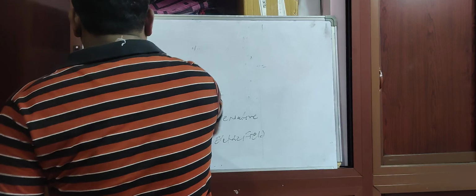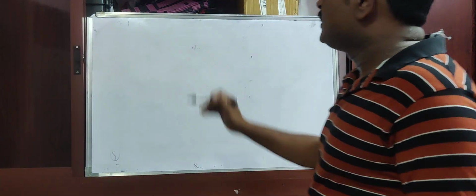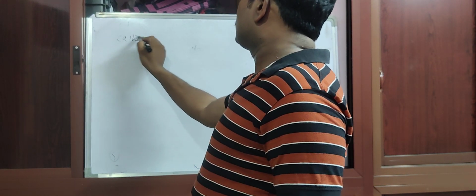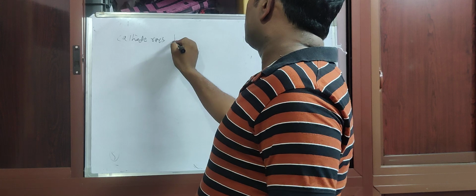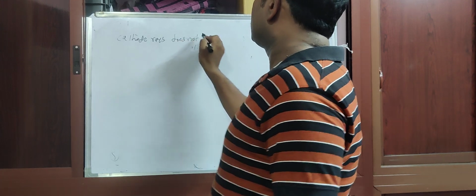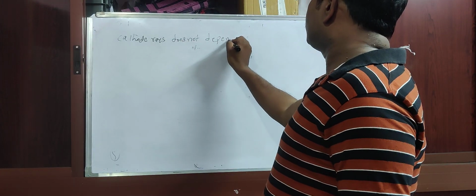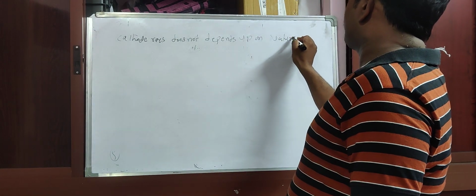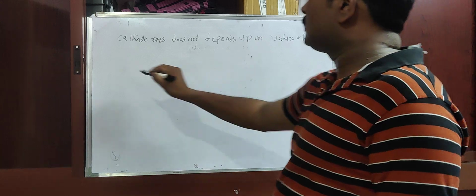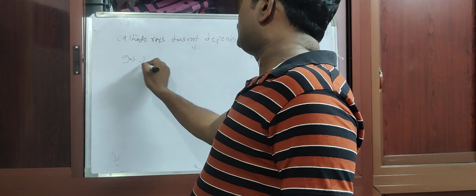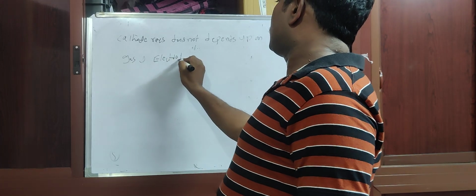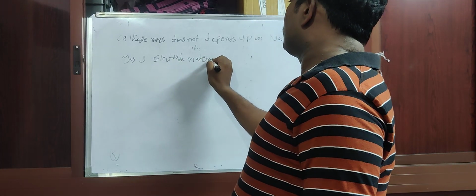One of the main features about this is very important. How to note it down. One of the important points is that these cathode rays do not depend upon the nature of the gas and electrode material.